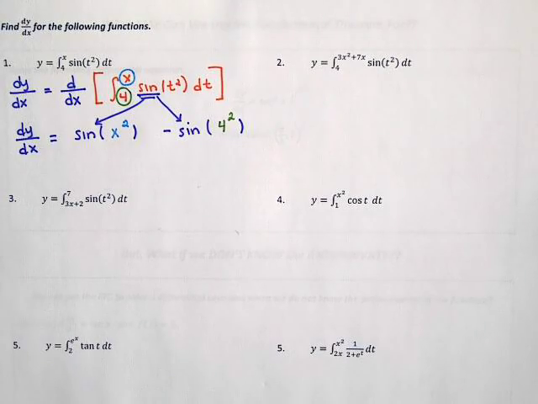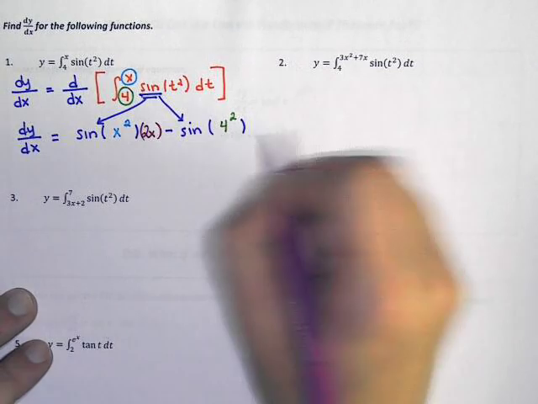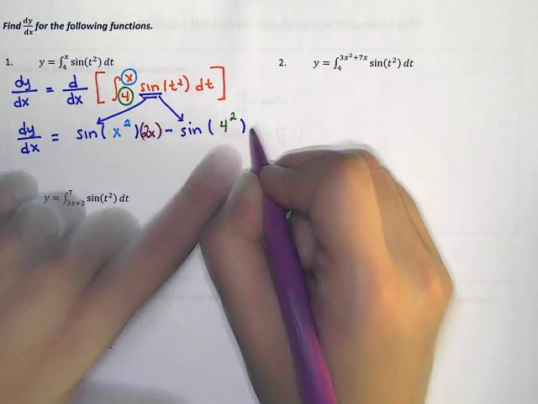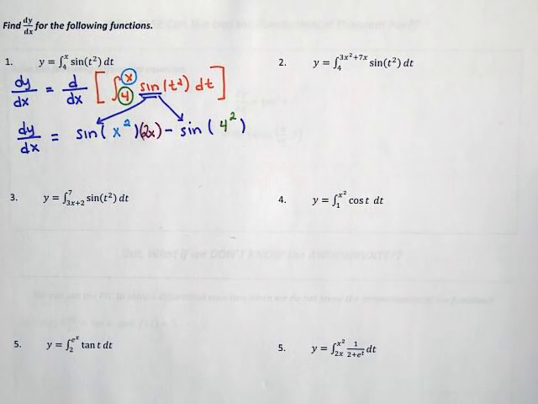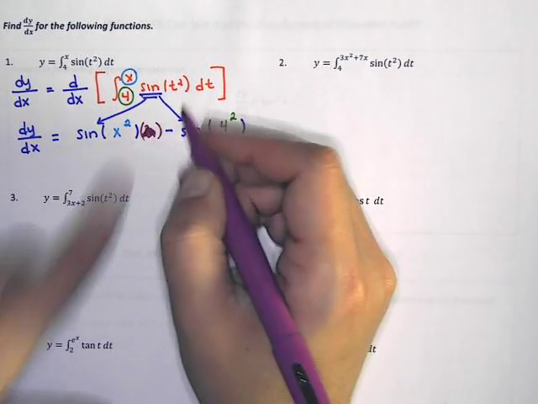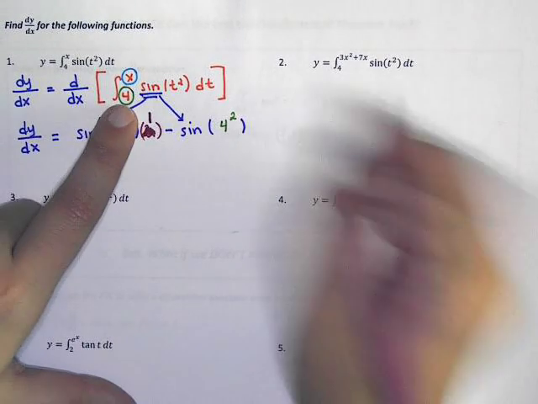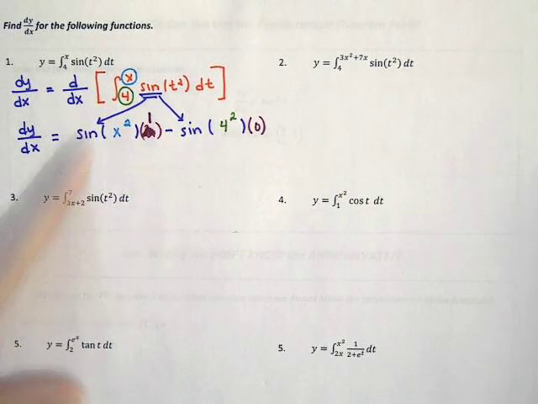Then I would do the derivative. So the derivative of x squared would be 2x. And the derivative of 4, oh no, I'm sorry, I did the derivative of the wrong thing. We're doing the derivative of x, not the derivative of x squared. The derivative of the x would just be 1, and the derivative of 4 would be 0.